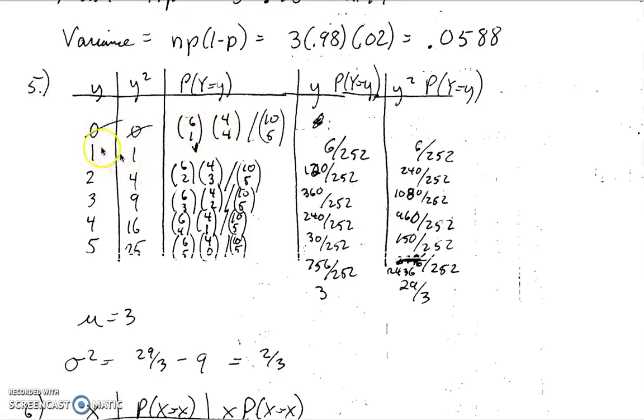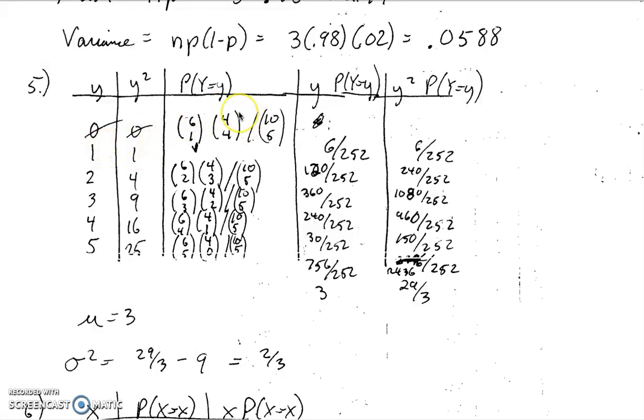So we're starting our variable with 1, and the most that the student can get correct is 5, because there are only 5 problems being chosen. So even though the student knows 6 answers, there's only a set of 5 problems, so our variable can go from 1 through 5. And I put the squares there as well.